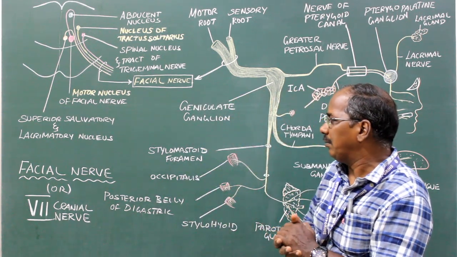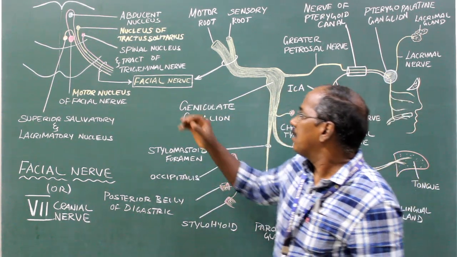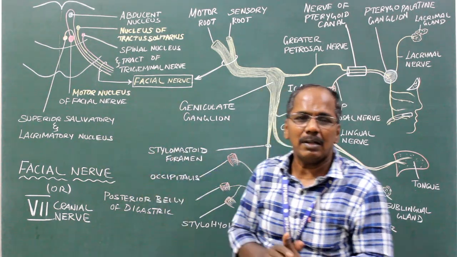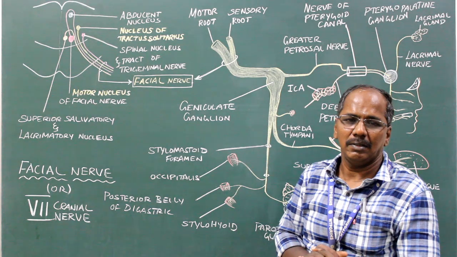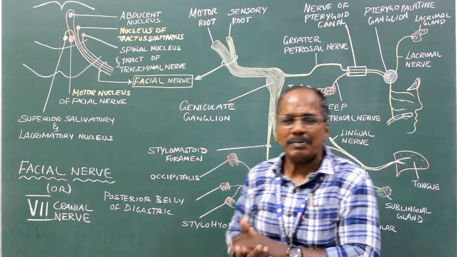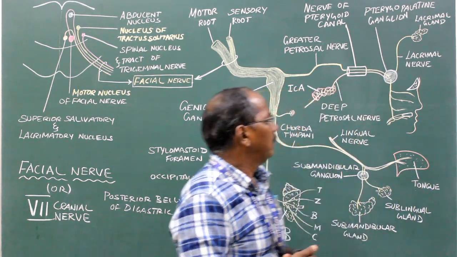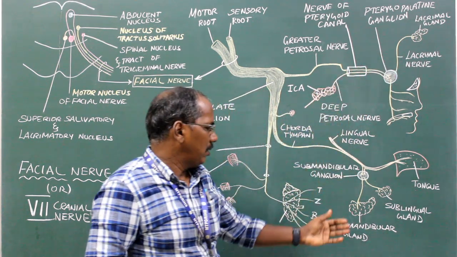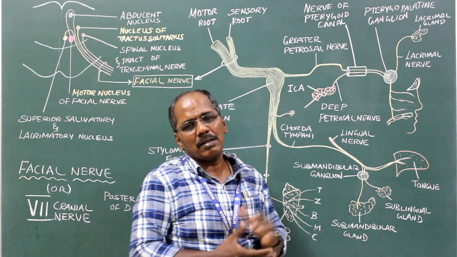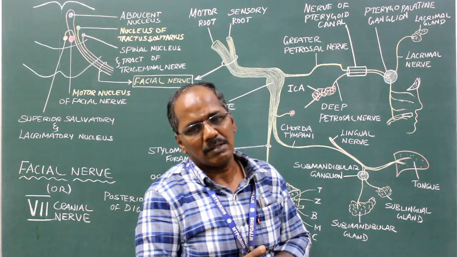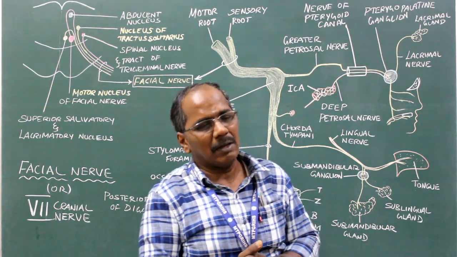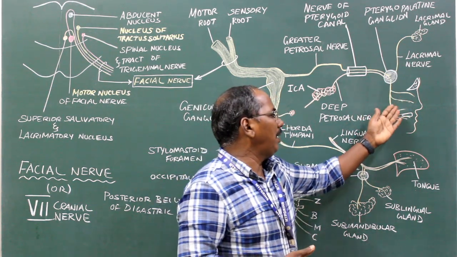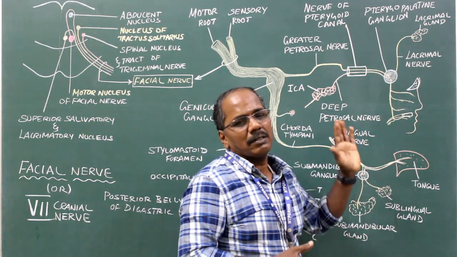They arise from the superior salivatory nucleus and lacrimatory nucleus and supply the lacrimal gland, submandibular and sublingual salivary glands, and also the mucosa of the nasal cavity and palate.